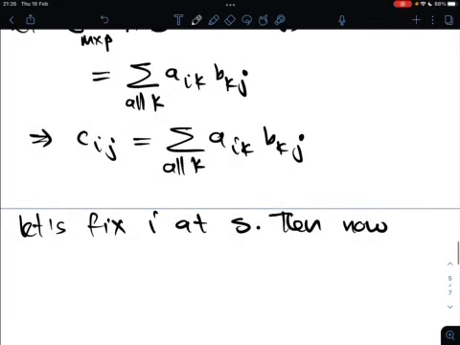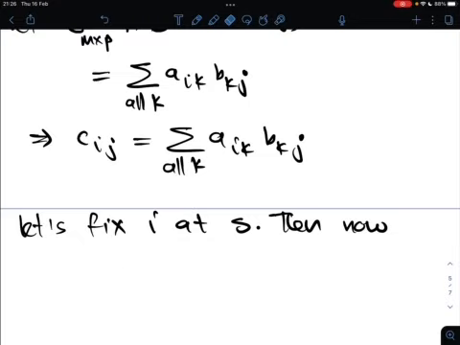Then now we have C_sj, which is the sum over all k. Sorry, we're not just going to fix ourselves at C_sj.